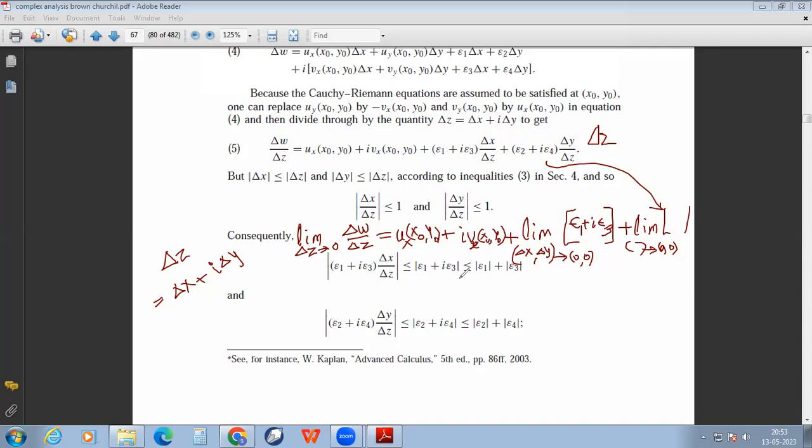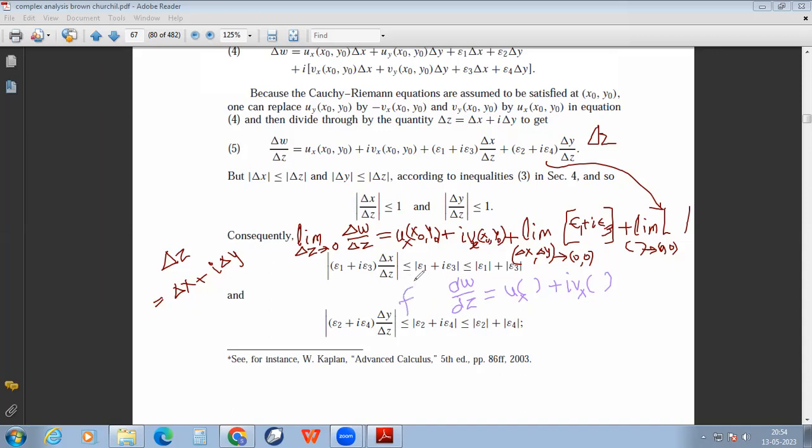The left side I can say is nothing but dw by dz by our notation, and the right side becomes ux at that point plus I times vx at that point, meaning the derivative exists. Either you call it d by dz or you have another notation.